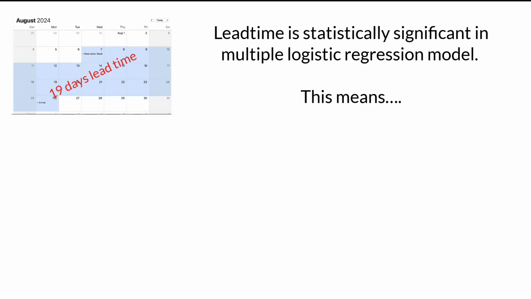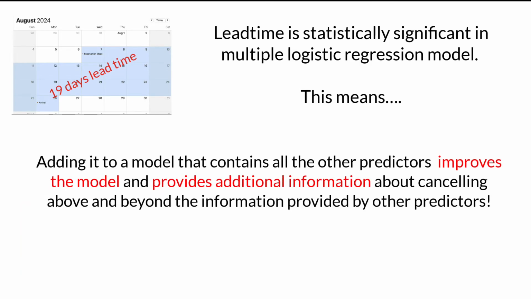So, in other words, adding lead time to a model that already contains the other predictors improves the predictive power of the model. And yet another way to think about it is that the lead time contains additional information about the probability of cancellation of a booking above and beyond the information provided already by the other predictors in the model, the length of stay, the daily rate, room type, etc.